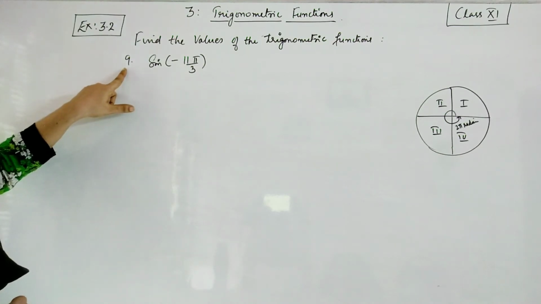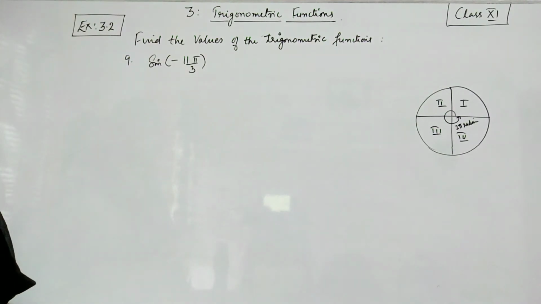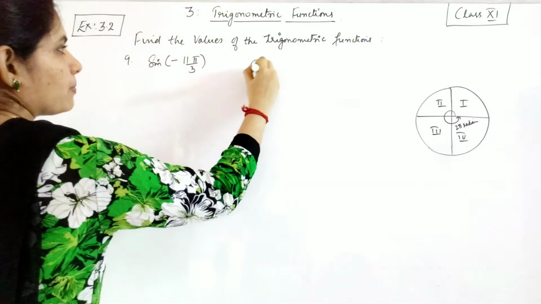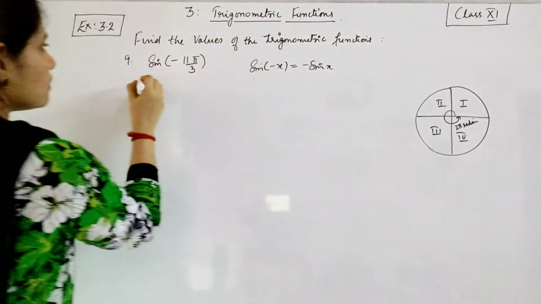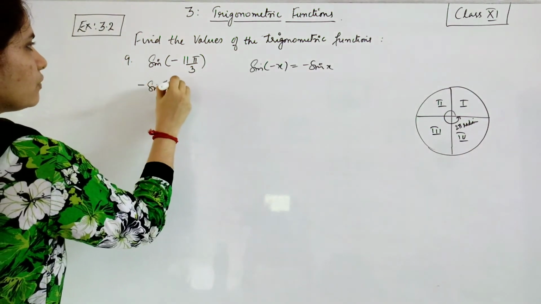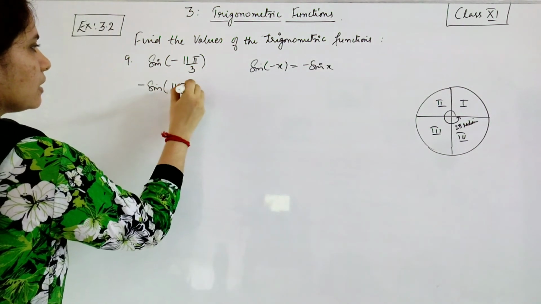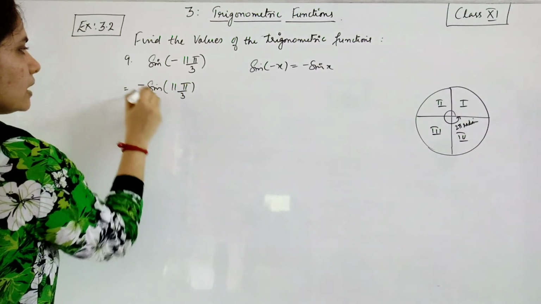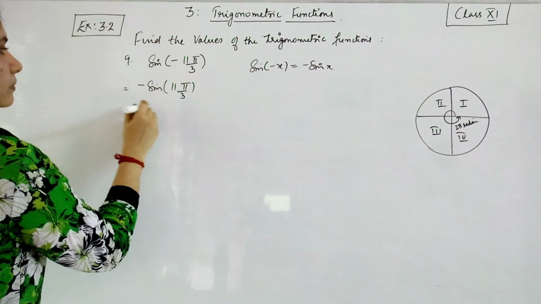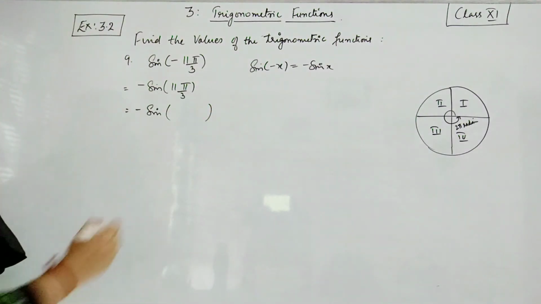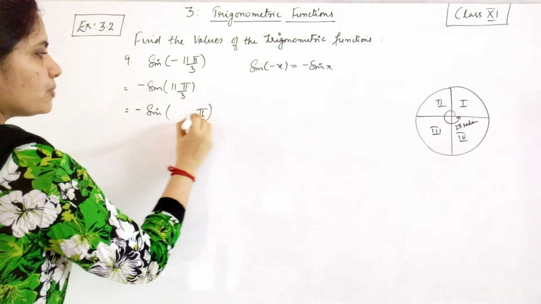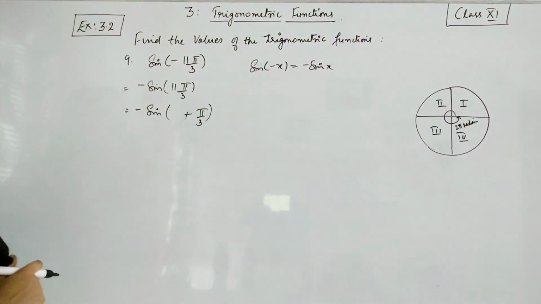Next question is the 9th one, which is sine of minus 11 pi by 3. Again you can use the property sine of minus x is minus sine x, so this will give you minus sine of 11 pi by 3. Now for 11 pi by 3, how can you split and write it as a sum of 2? If I take pi by 3, what should be here so that you get 11 pi by 3?